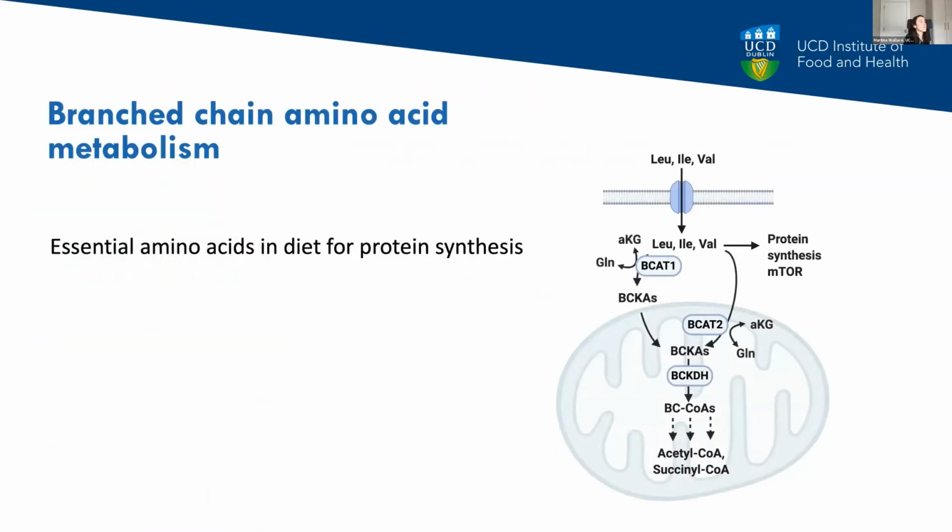So today I'm going to talk about branched-chain amino acid metabolism. Branched-chain amino acids are well known as essential amino acids in the diet for protein synthesis, and they also augment that role by signaling via mTOR to promote growth. They also provide an important nitrogen source in cells for synthesis of other non-essential amino acids.